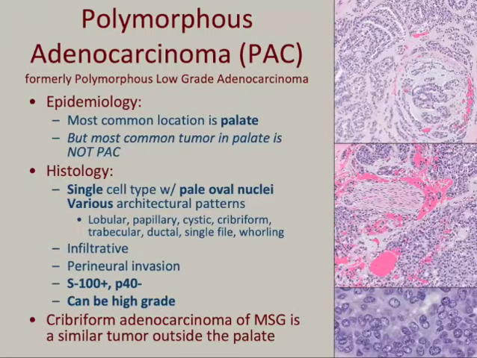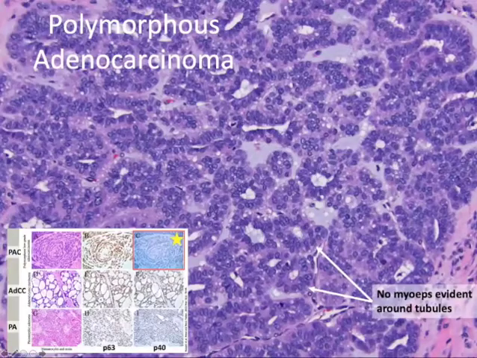You still need to make sure it's not a PA, okay? The way you can do that is by proving that there is no P40 positive myoepithelial cell layer. So polymorphous is a single cell type, unlike both adenoid cystic and pleomorphic adenoma. But the morphologic patterns can be overlapping: cribriform, tubular, ductular, solid, glomeruloid, all of it, okay?